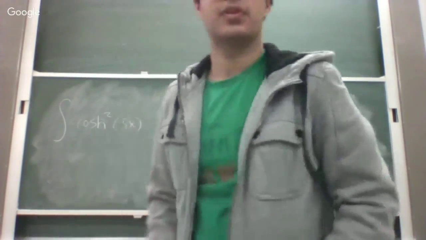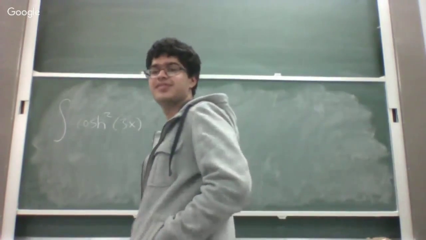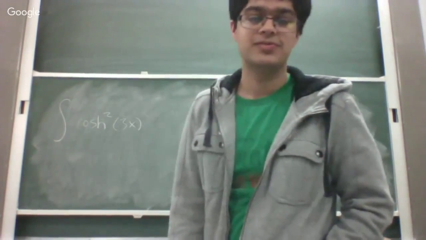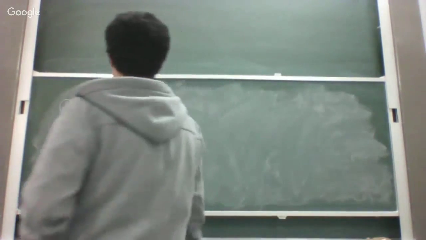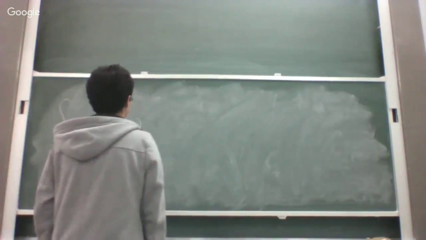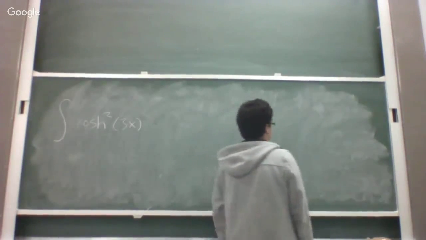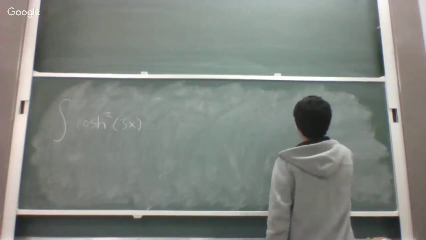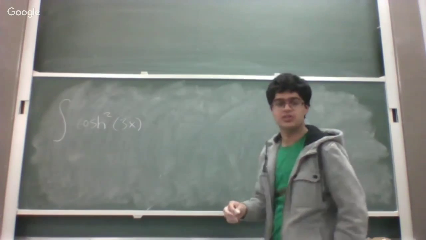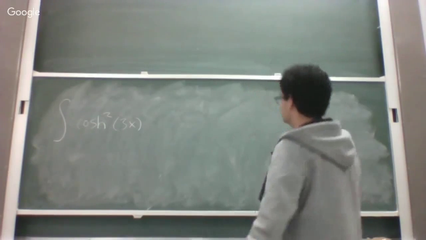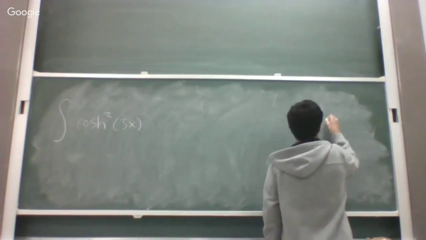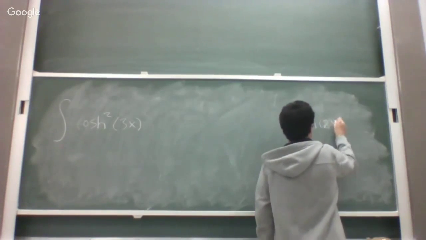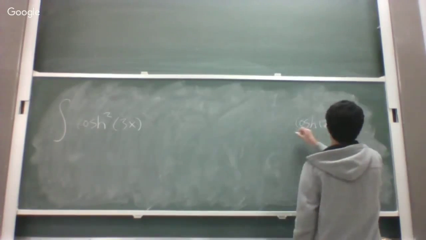It's one half of cosh of 2x plus 1, all over 2.